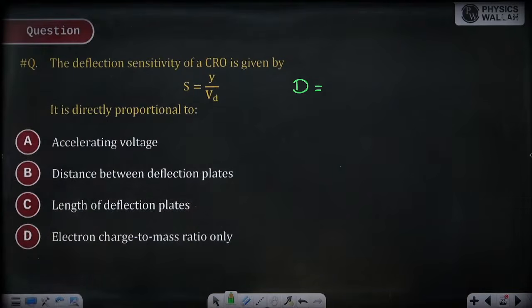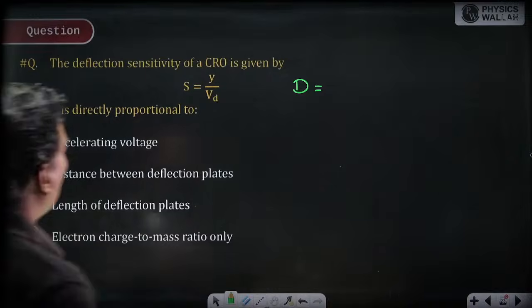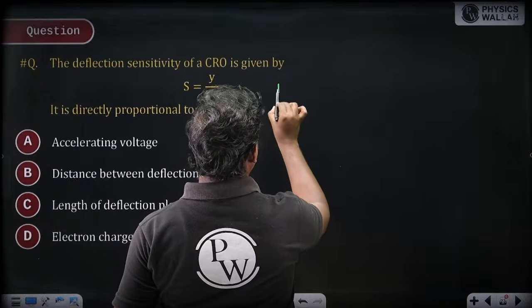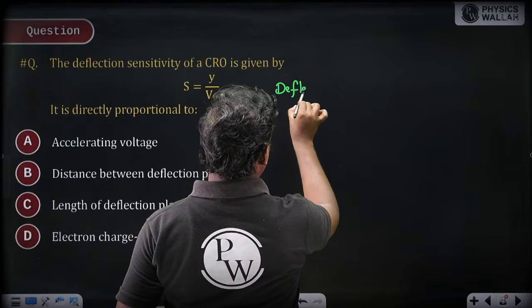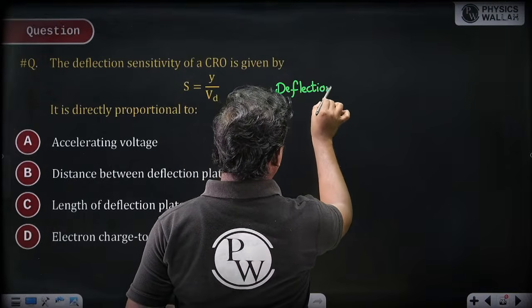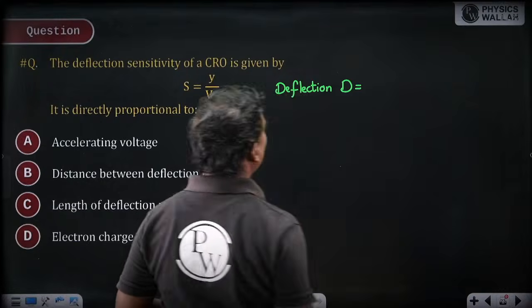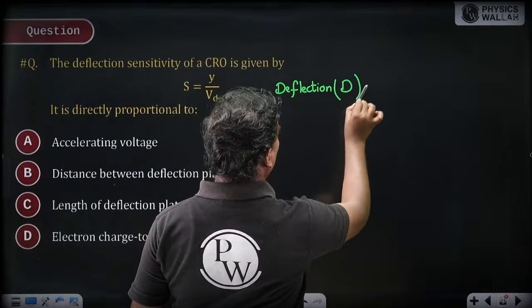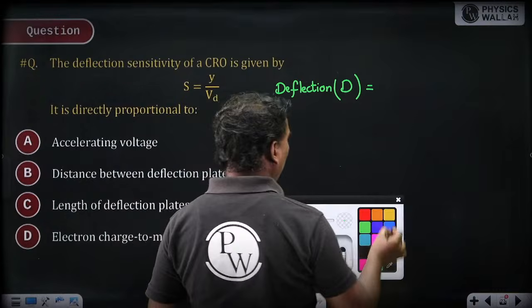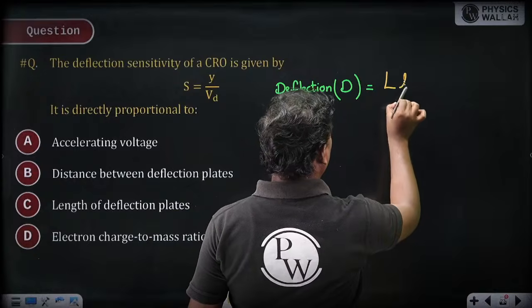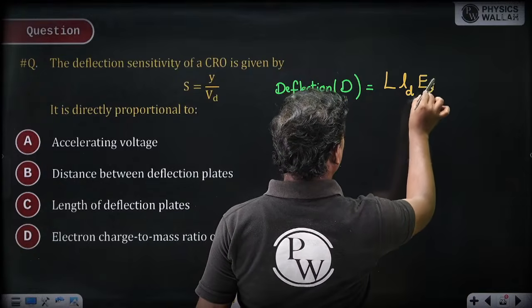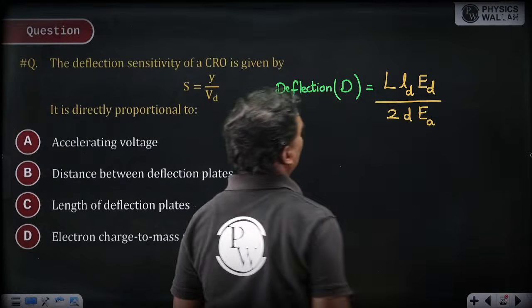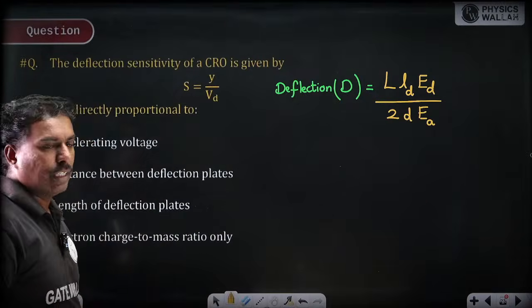In CRO, deflection D is given by what? That is the formula: L l D Ed divided by 2 d Ea.